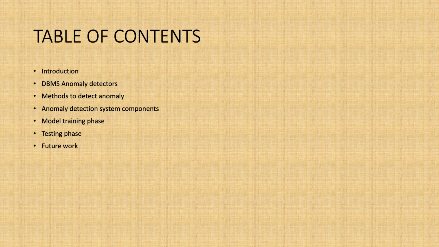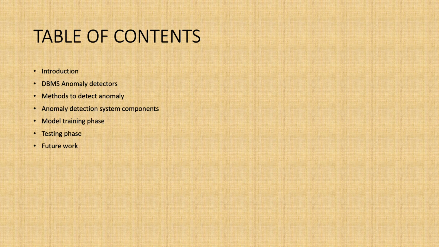The fourth slide is going to explain the architecture of our anomaly system, the one that we have created over here. The fifth one is going to be the modeling phase, the model training phase, where we talk about how we have trained the model and how we have validated our model's accuracy and all the other terms and terminologies.